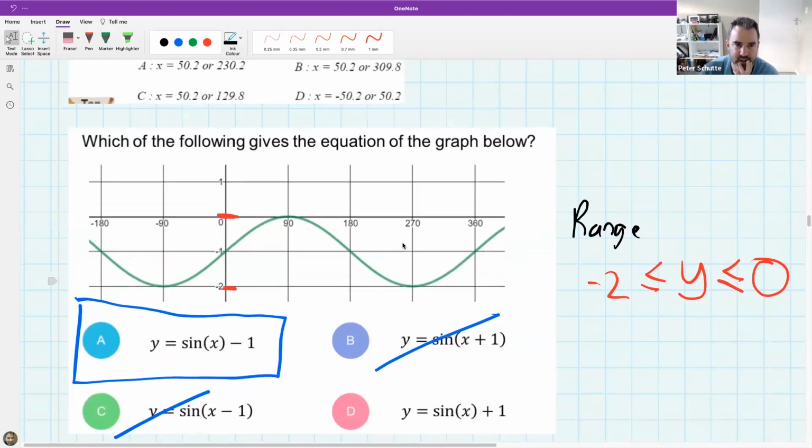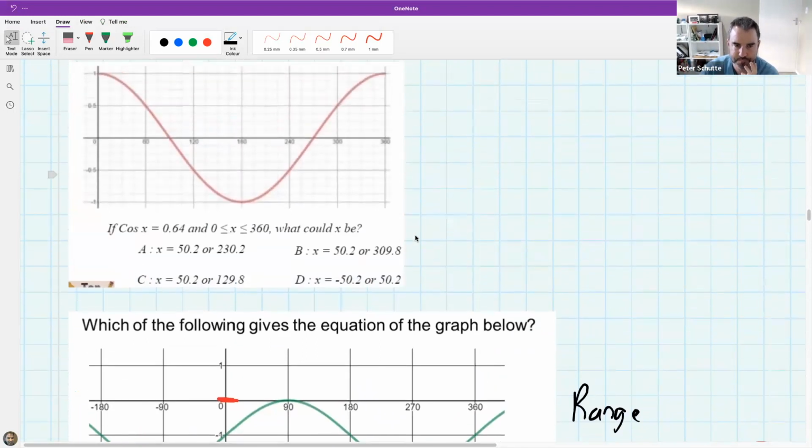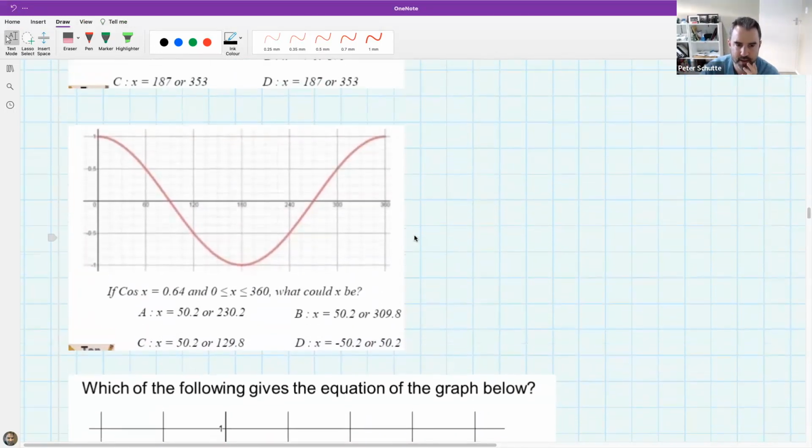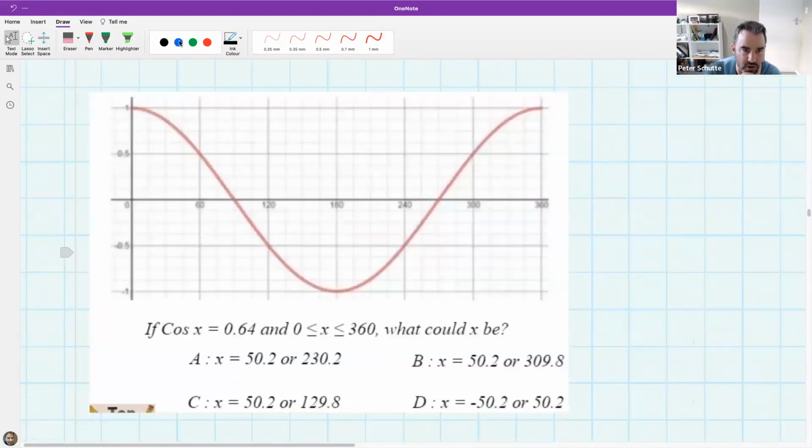Okay, let's look at this question. Now, in this question, you are given a cos graph. So let me just point out how it starts at 1, and you have to recognize this is a cos graph.